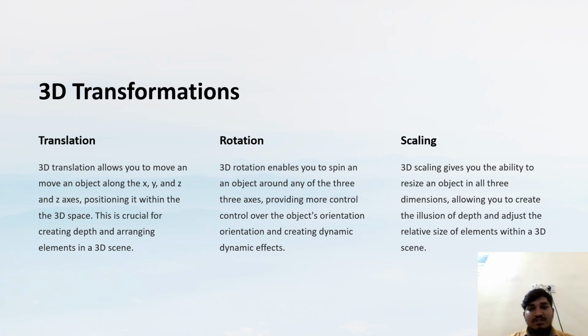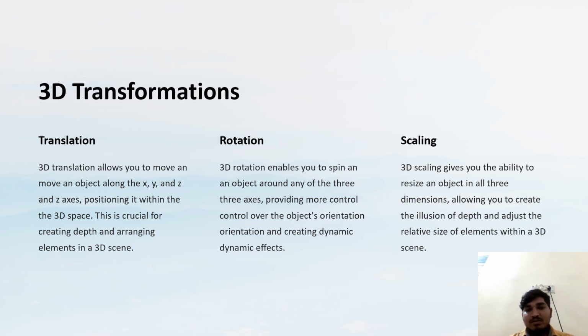And let us see some 3D transformations. Translation, rotation, scaling. Coming to the translation, 3D translation allows you to move an object along x, y, and z axes, positioning it within the 3D plane. This is crucial for creating depth and arranging elements in a 3D scene.